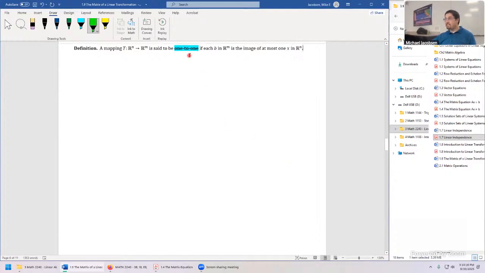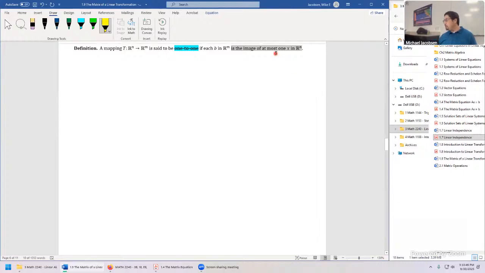So one-to-one next. It says a mapping T going from Rn into Rm, so not assuming linearity whatsoever, just an ordinary transformation. It's going to be one-to-one if each B in Rm, so we're talking about a vector in Rm here, is the image of at most one X in Rn.